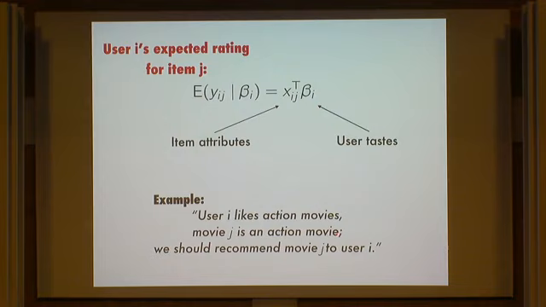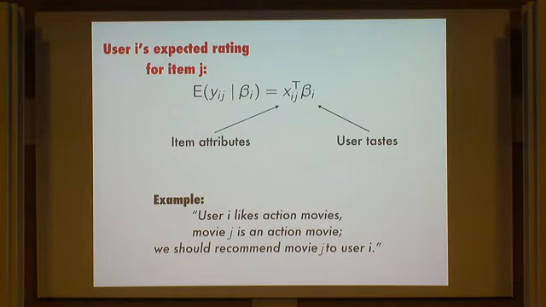Movie J is an action movie, which means that the entry of X corresponding to the genre for action is 1. And we should recommend movie J to user I because when I do this dot product, it's going to be positive and large.